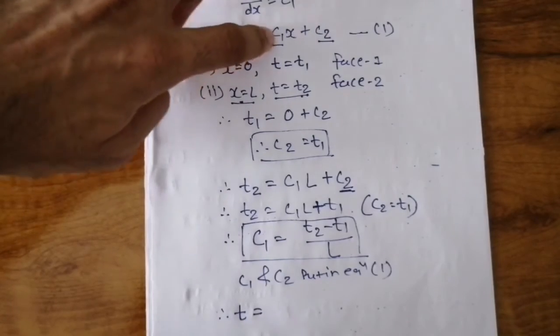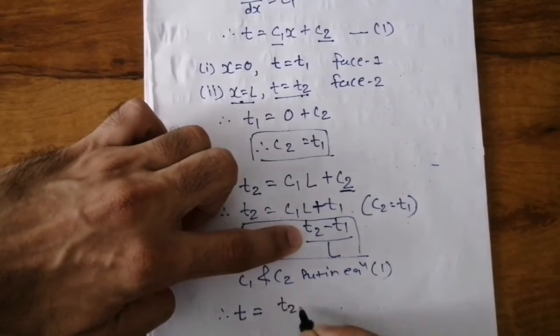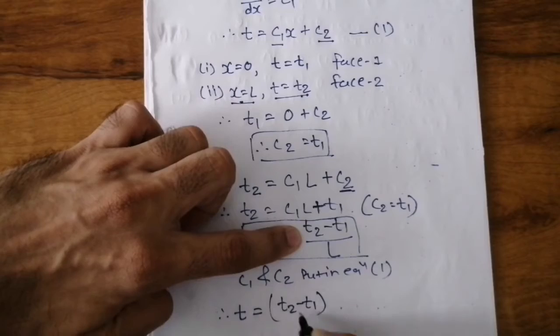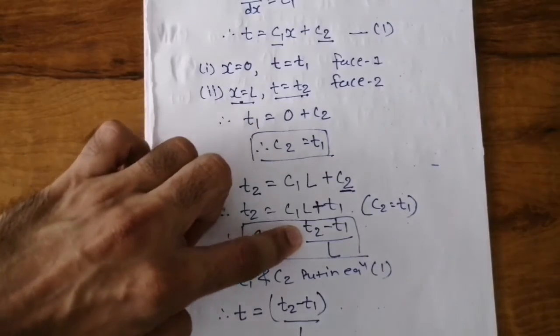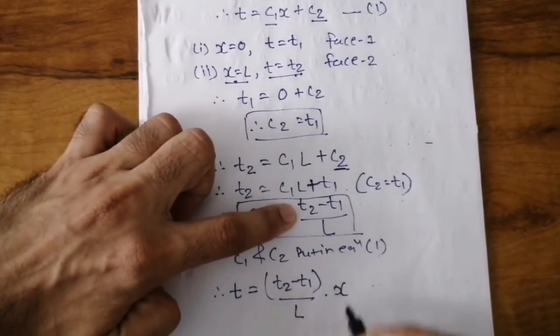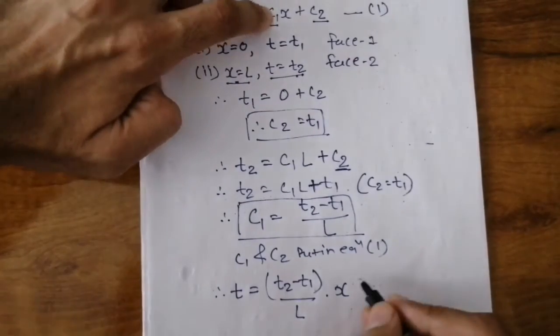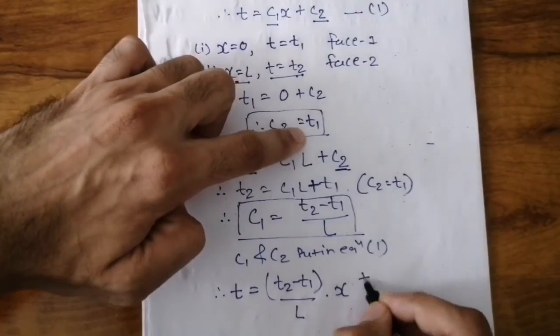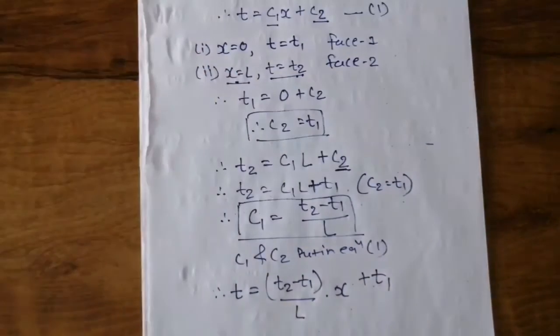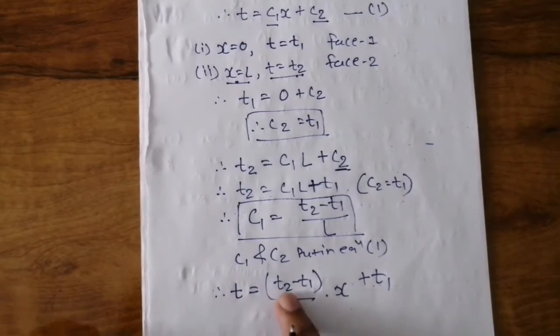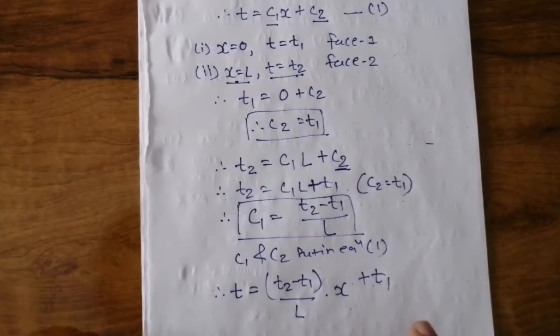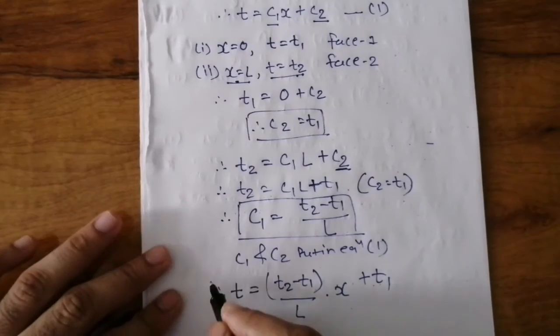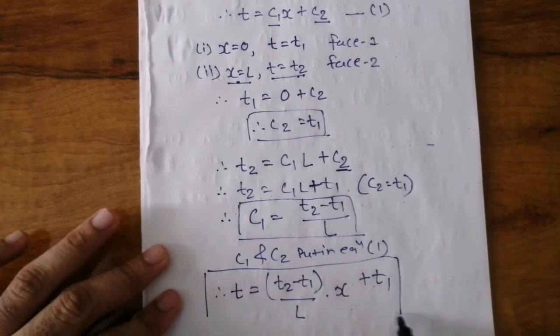C1 means T2 minus T1 divided by L into X. What is C2? C2 is T1, so plus T1. So we just derive one equation: T is equal to T2 minus T1 divided by L X plus T1. That is the temperature distribution equation.